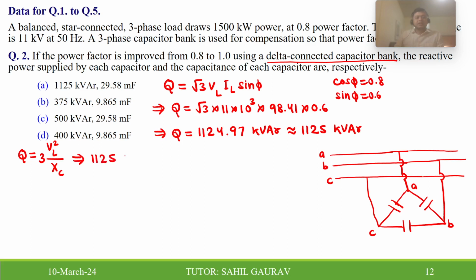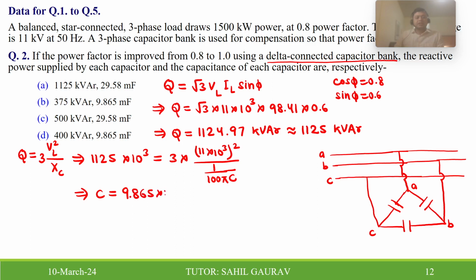So 1125 kVAR equals 3 VL square by XC. VL square is 11 kV squared, and XC is 1 divided by 2 pi FC, therefore 100 pi into C. So on simplification of this, you will get 9.865 into 10 to the power minus 6 farad.